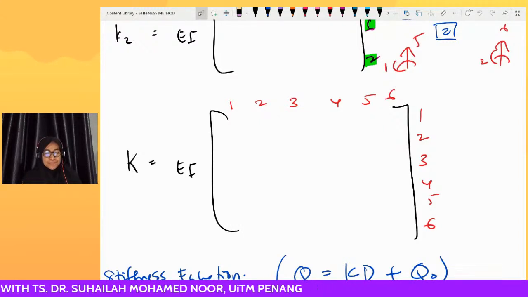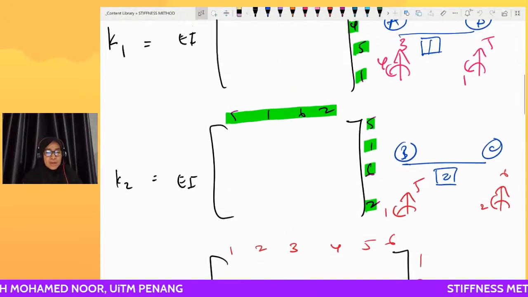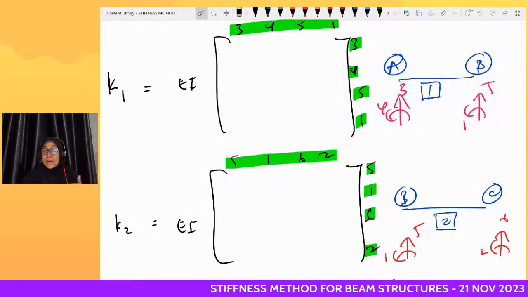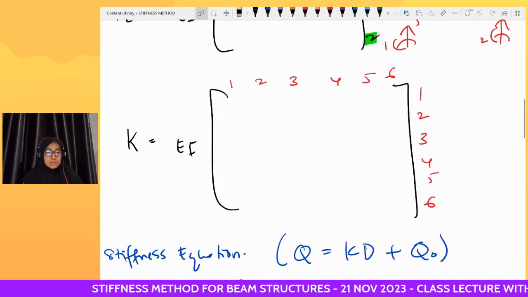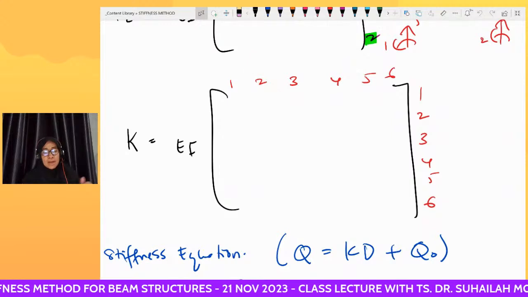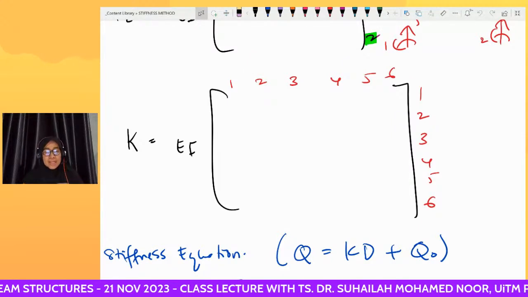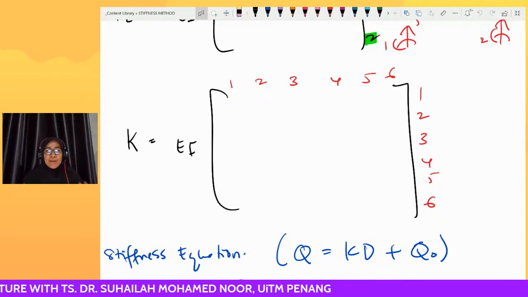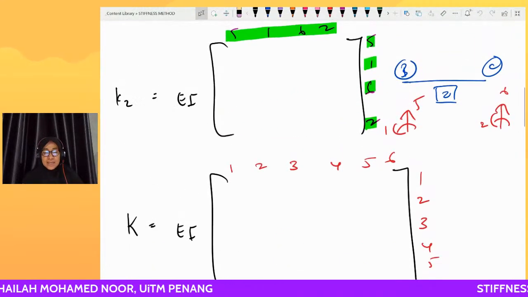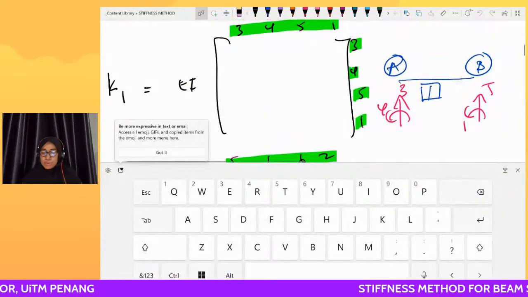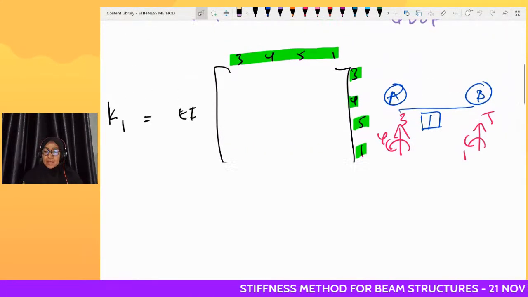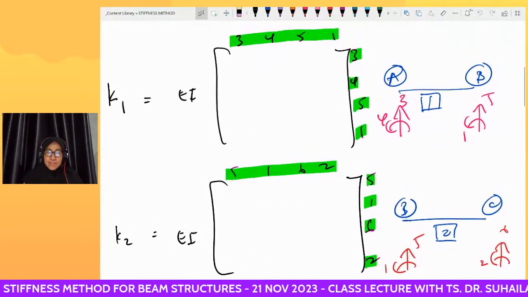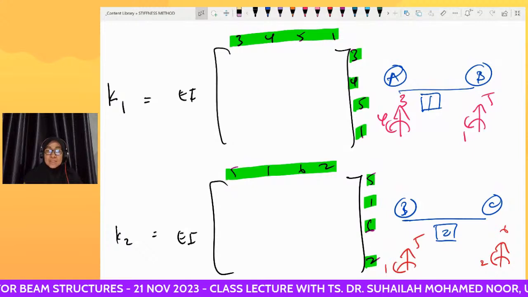Of course, when it has unconstant EI, we have to consider it in K1 and K2. We have to find all the values, starting from position 1 1 until 6 6 in K1 and K2, just like what we have done previously in truss analysis. The labels that we put in K1 and K2 represent the position in the structure stiffness matrix.